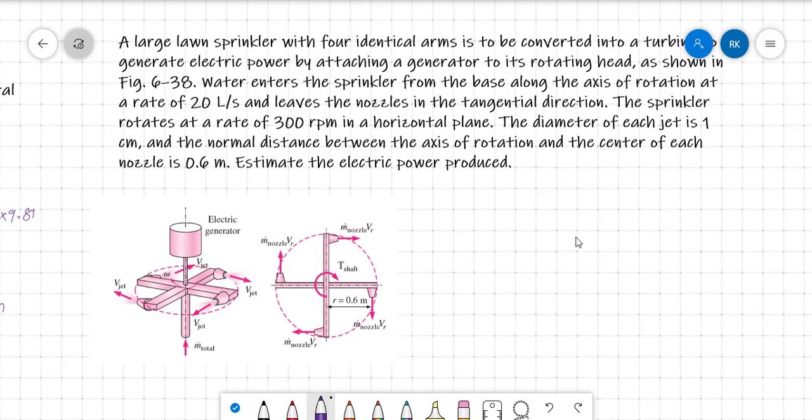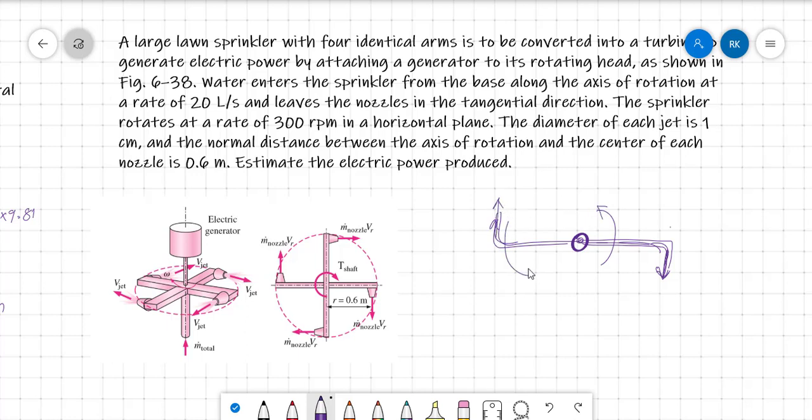So what is a lawn sprinkler? If any liquid is supplied through this, it is distributed to this one and this one. Due to this, if this fluid is flowing outside in this way, as I said, there is an opposite impact that will be created, and this will be rotating in this direction.